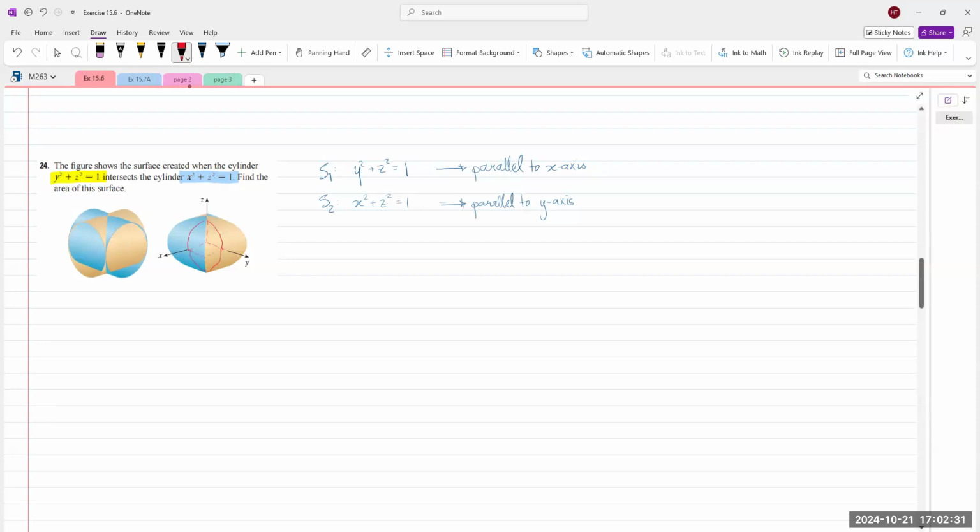If we draw the first octant and see it from above, x and y, you see this part here is the blue. If you see that from above, that's the blue part. And then this part here is the yellow part.